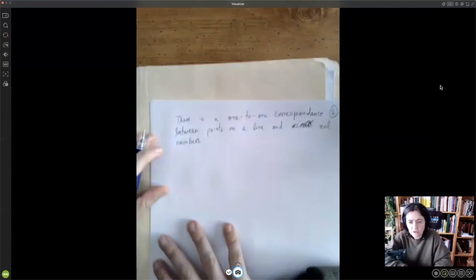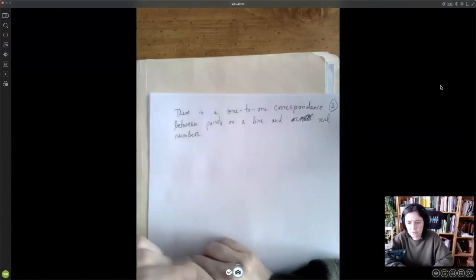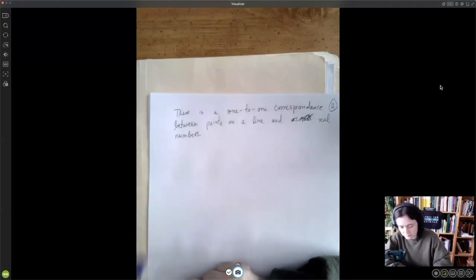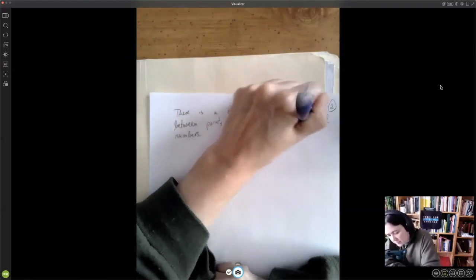A one-to-one correspondence means you can pair them up. So for every number, there's a point. For every point, there is a number. Okay, so that's our number system.